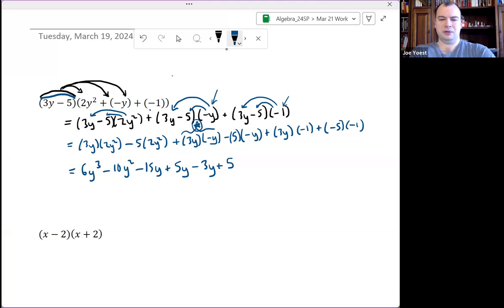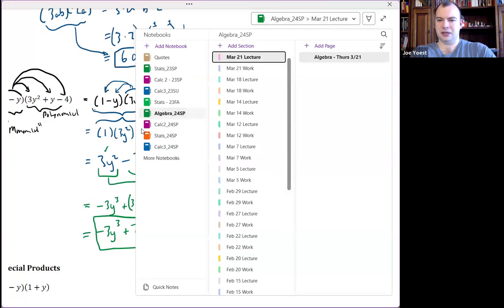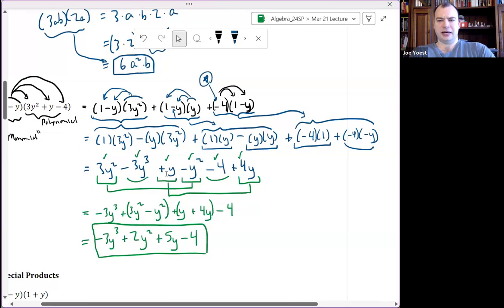one thing that we see in math is often about patterns, pattern recognition. And I know in my previous example in the lecture, I had one factor that was a polynomial, like a y squared, a y, and a constant term. The other was a binomial with a y to the first and a constant term. And I kind of had 2 y to the first terms and 2 y squared terms that combined together.